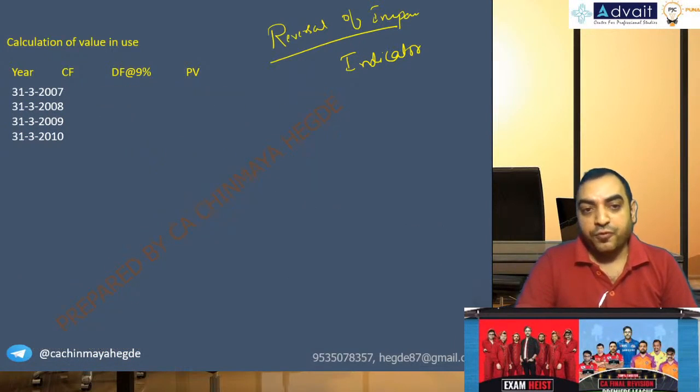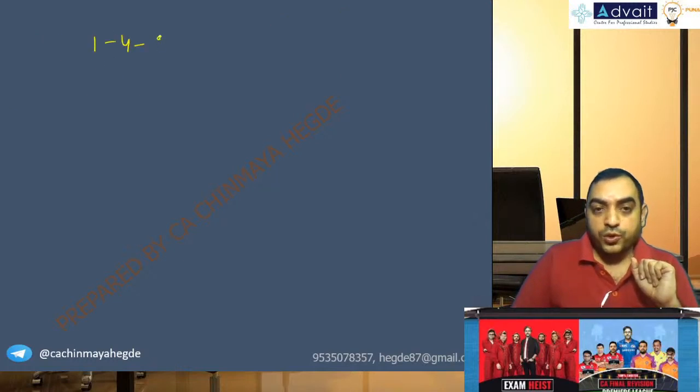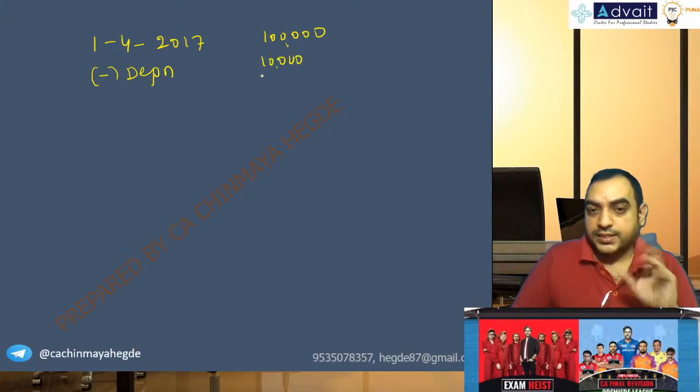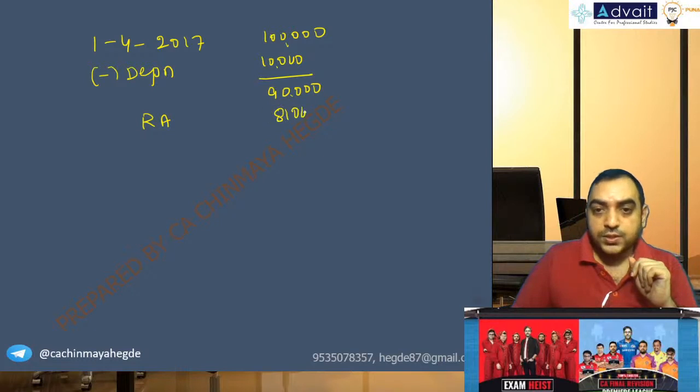Let me give an example for that. Suppose on 1/4/2017, the cost of the asset was 1 lakh, minus depreciation of 10,000, so it became 90,000, and you test for recoverable amount. Let's say the recoverable amount happens to be 81,000.